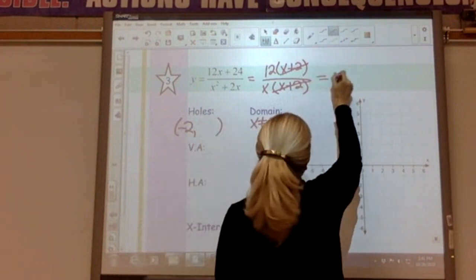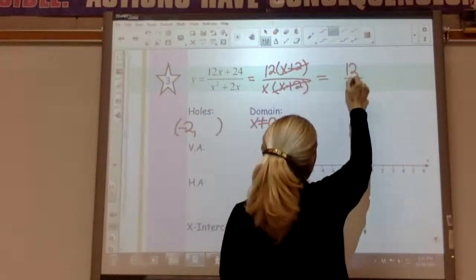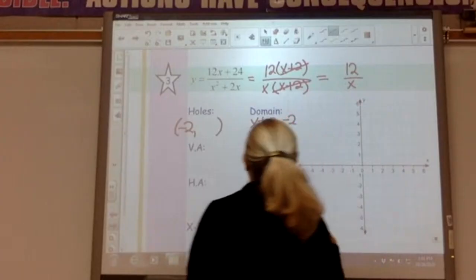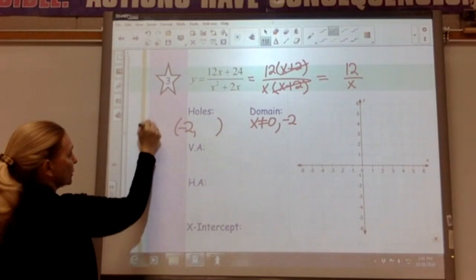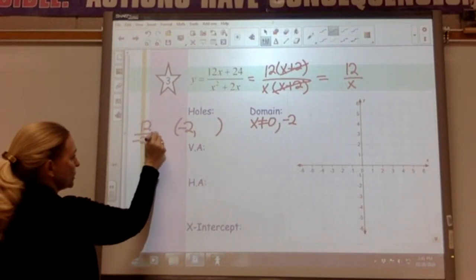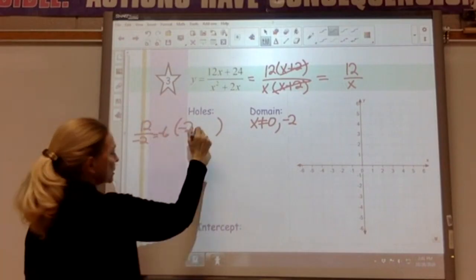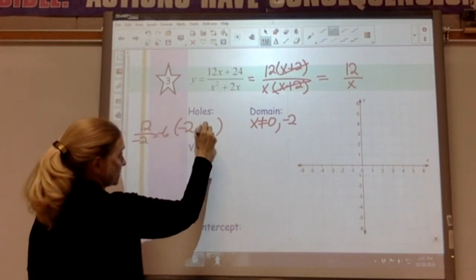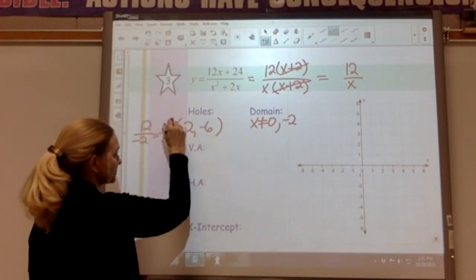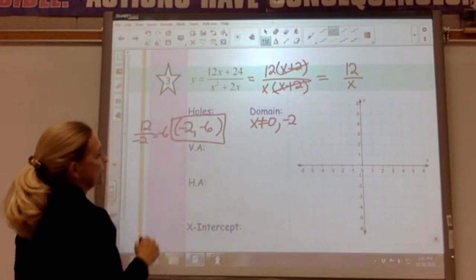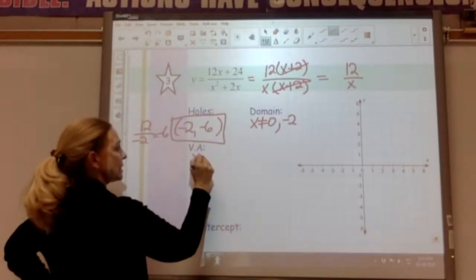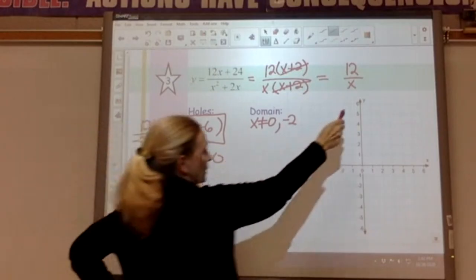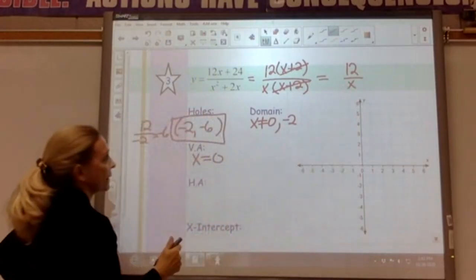And so my reduced fraction is just 12 over x. So when I plug in -2, 12 divided by -2 is -6. So the hole is going to be at -2, -6. Now, vertical asymptote is going to be x equals 0 because that's all I have left in my reduced fraction.